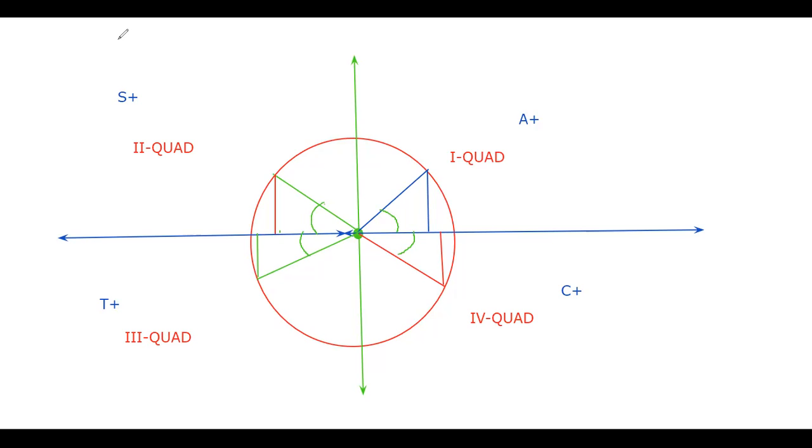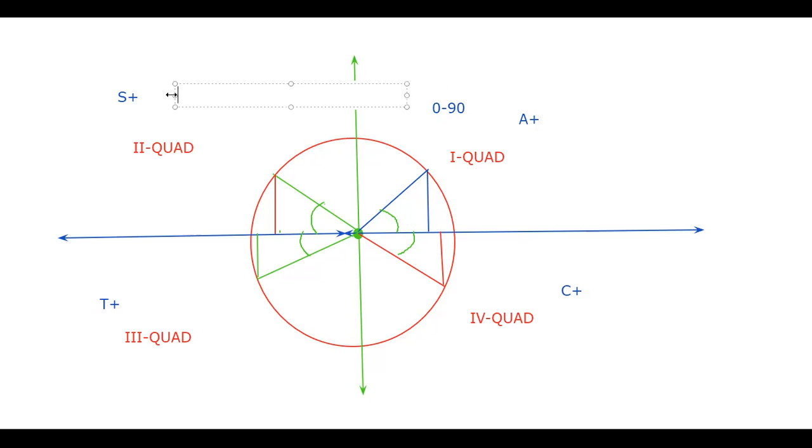Now, if we are given the triangle, what is the range of this angle? Greater than 0 and less than 90. So it's 0 to 90 degrees.